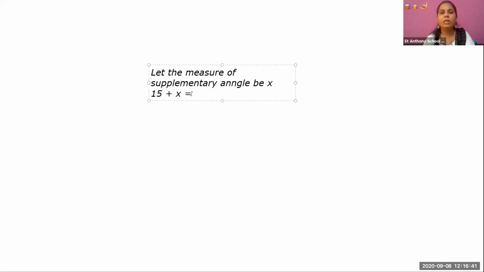When the measure of the complementary angle is x, then the addition of two complementary angles is equal to 90 degrees. Now here the supplementary angle is there, so 15 plus x is equal to 180 degrees. Why 180 degrees? Because the measure of the supplementary angle is x.